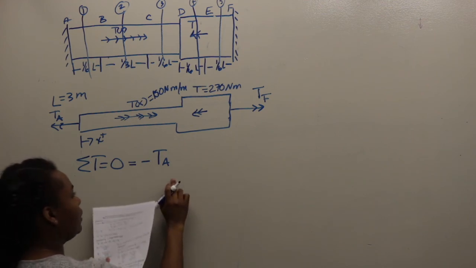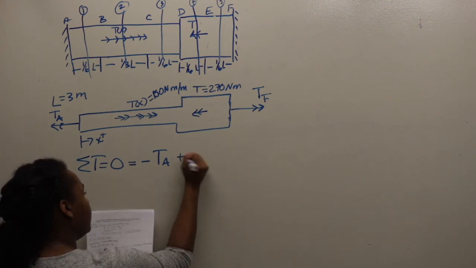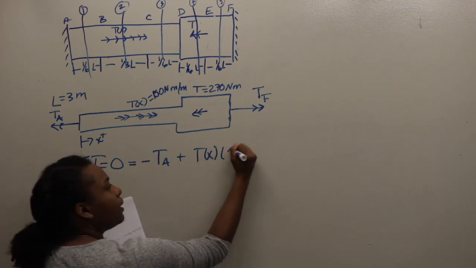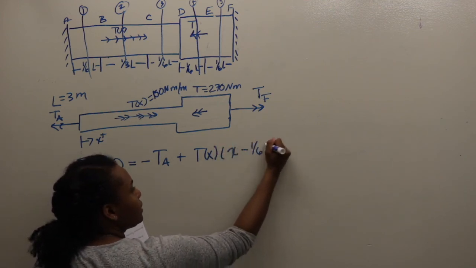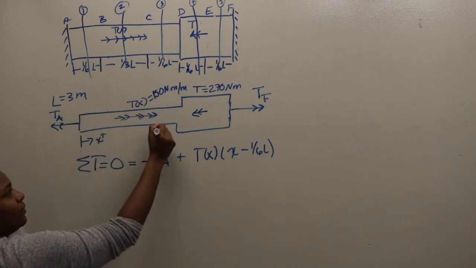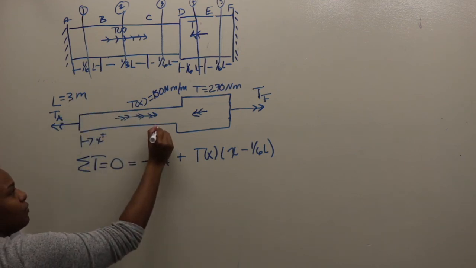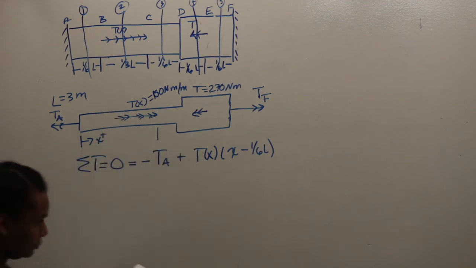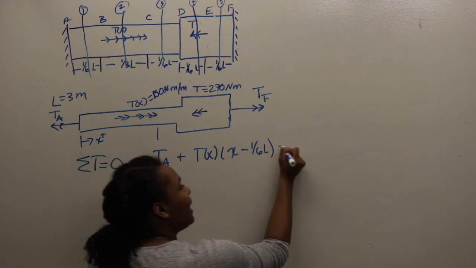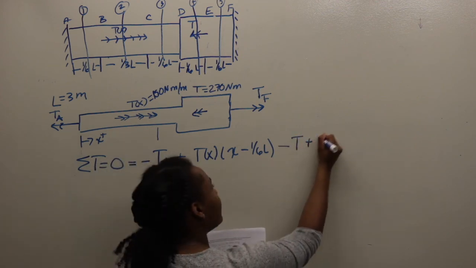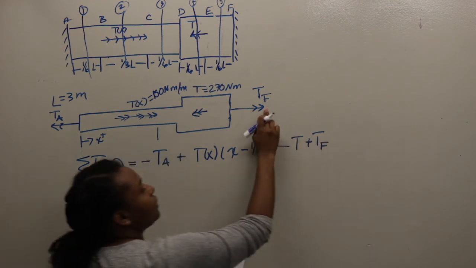So negative reaction torque of A plus the distributed torque x minus 1/6L, because that's 1/6L and x will be this way. So how far along you go across x minus 1/6L. Minus T, the concentrated torque, plus the reactive torque at F.